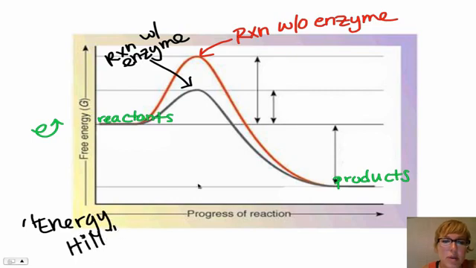So no matter what, a reaction has to go over this hill. Now, what's cool about an enzyme is it makes this hill, this amount of energy required to get a reaction started, much smaller. So enzymes actually lower the activation energy.